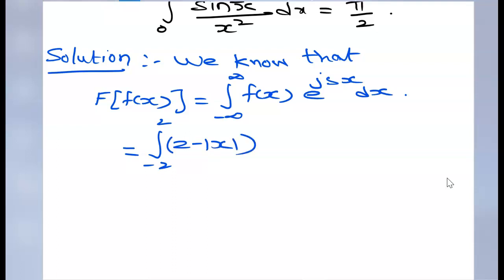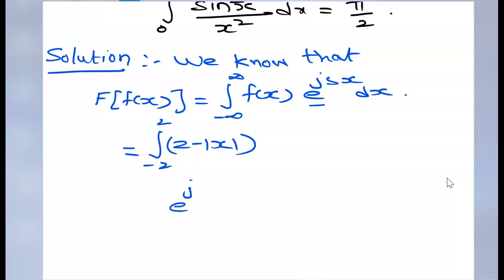In all other places it is equal to 0. So I have substituted my f of x value. In all other places, that means minus infinity to minus 2 and 2 to infinity, it is equal to 0. Now e power j s x.